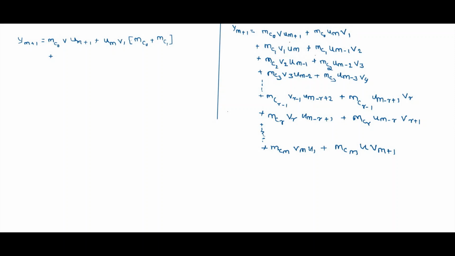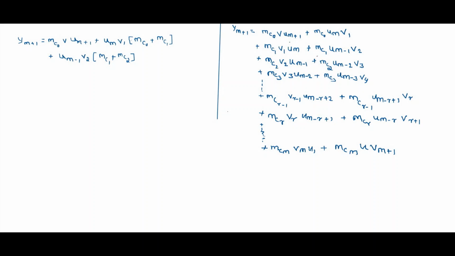Now from these two terms you can take U^(M-1) and V^2, that is common. Then the remaining terms are MC1 plus MC2.